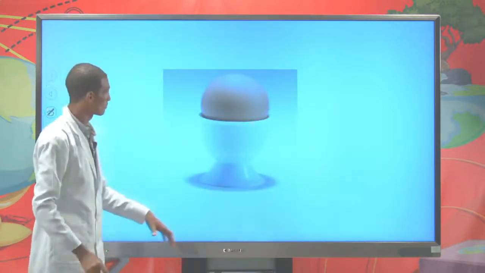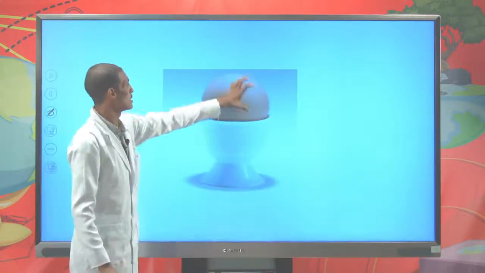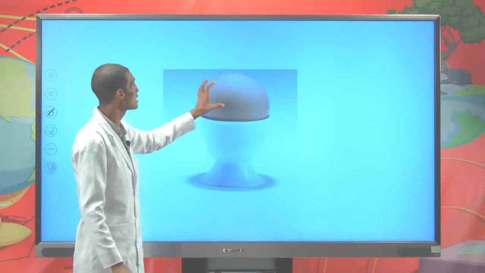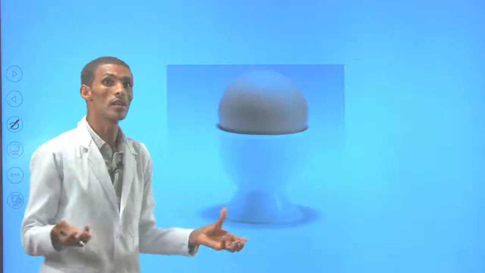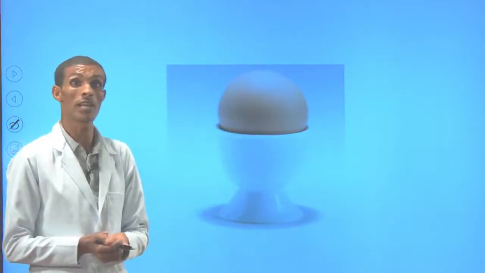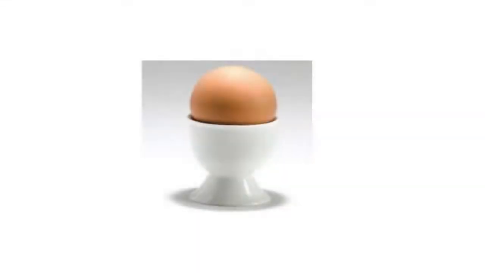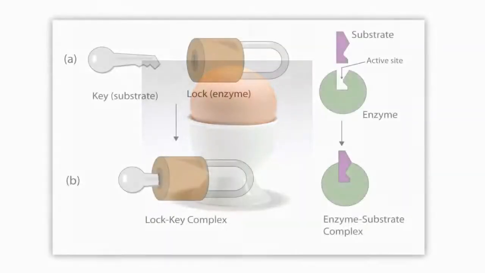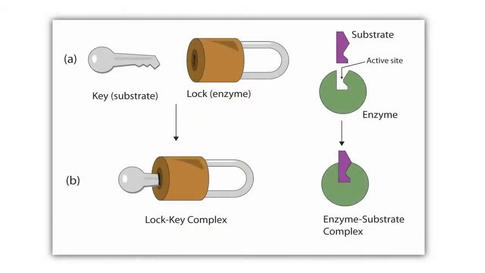For example, the shape of the substrate binds to the enzyme like the shape of an egg that fits complementarily with its shell, or the shape of a key that fits its lock. You cannot open one lock with another key. The same is true: one enzyme can open one substrate. This complementarity can reduce activation energy.